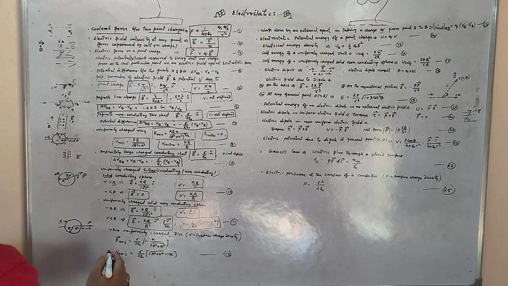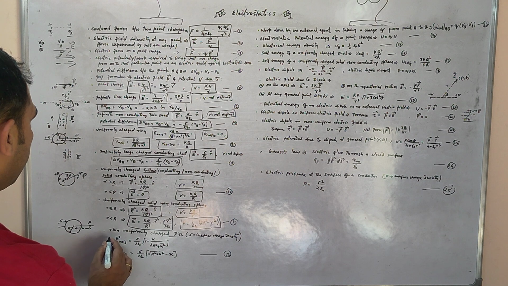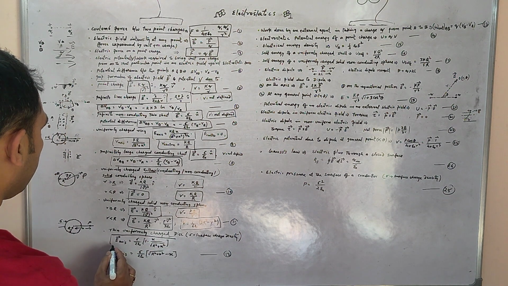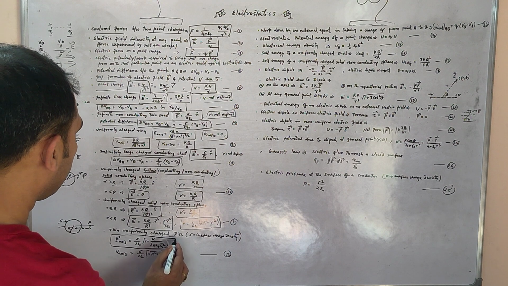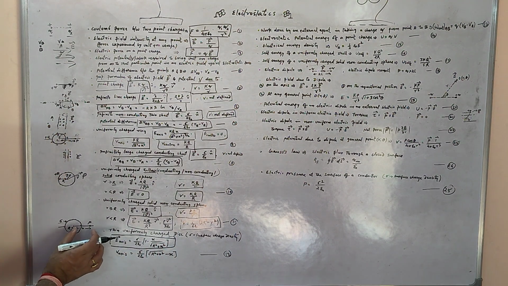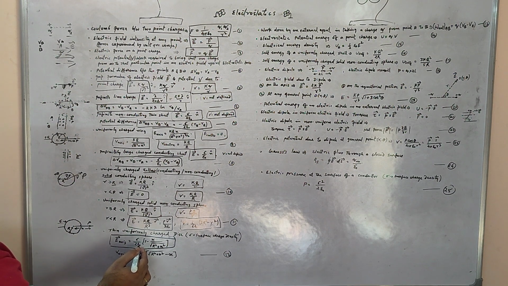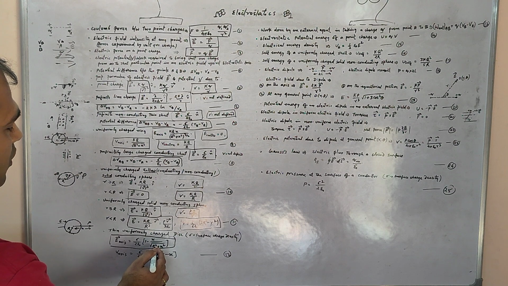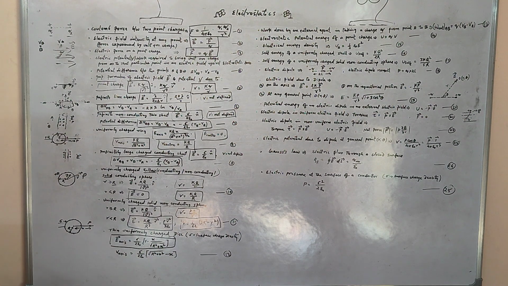So E, electric field at any point on the axis of this disk passing through center at a distance x from center will be given by sigma by 2 epsilon naught times (1 minus x by under root R square plus x square).